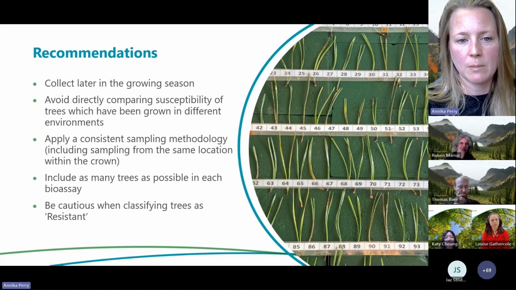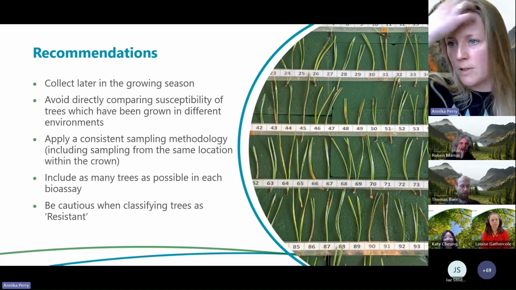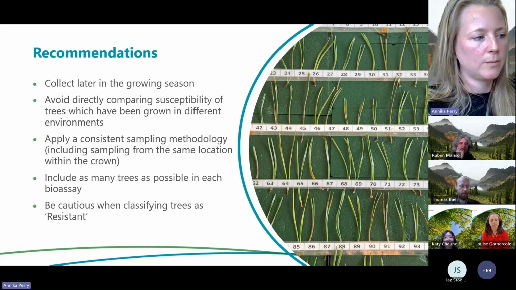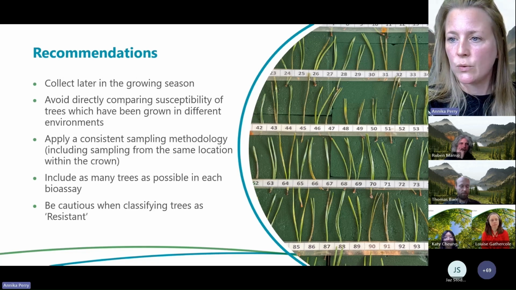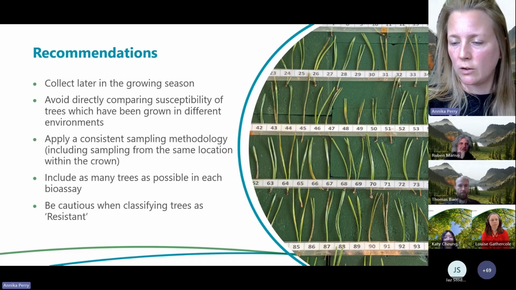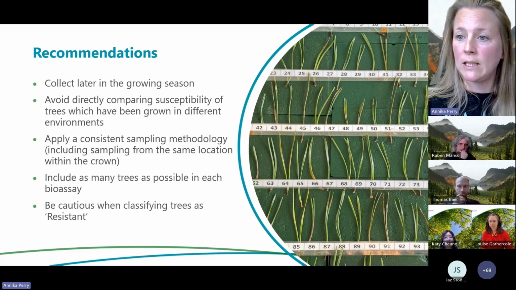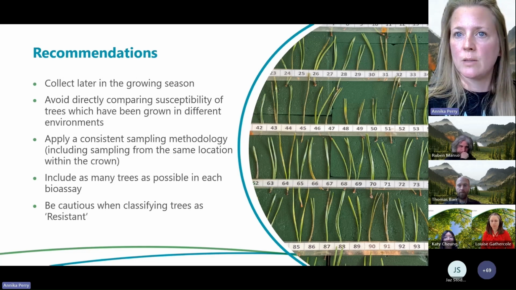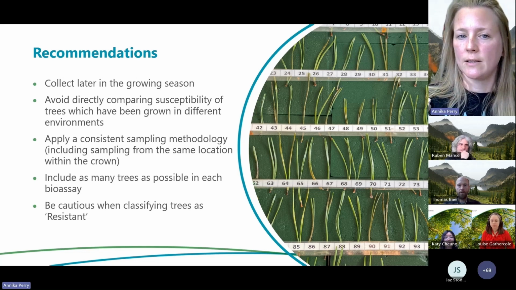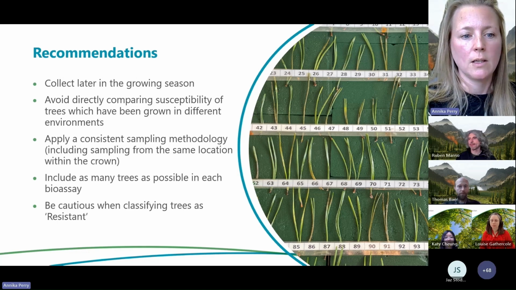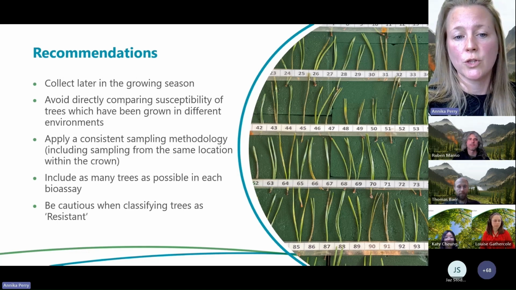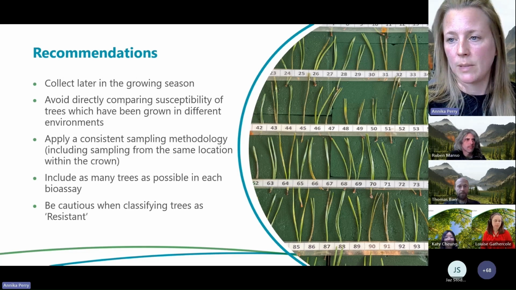Apply a consistent sampling methodology, so make sure you're sampling from the same location within the crown. Include as many trees as possible in each bioassay. I thought at first I could just include a very small number, but actually you need that scale in order to be able to pull apart those tail ends. I just think it's not so useful as a technique otherwise. And be much more cautious when classifying trees as resistant as compared to susceptible.